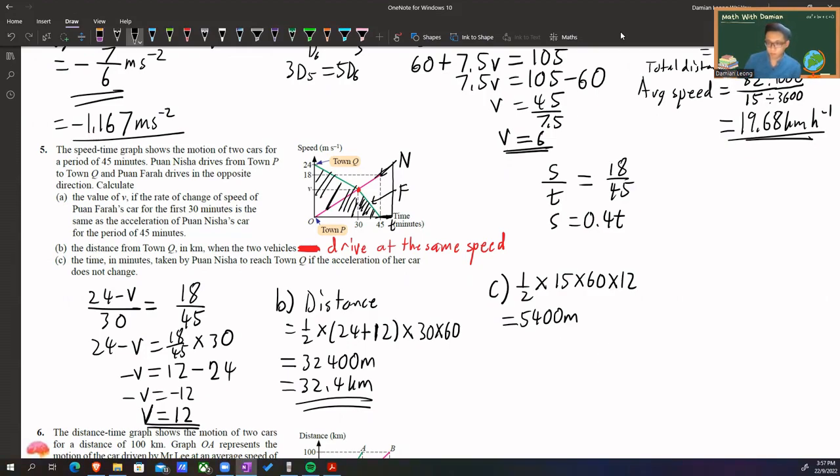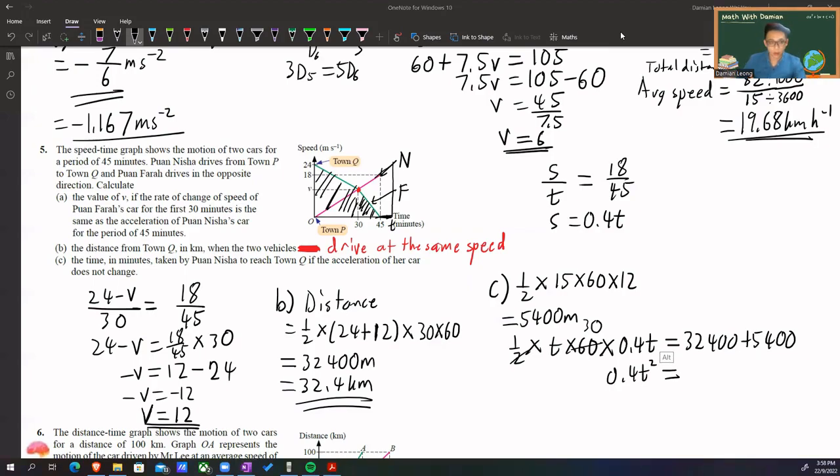This area, half times base, t, I have to times 60 because I have to change it to seconds, times height, the speed, 0.4t, equals to total distance, 32,400 plus 5,400. Cut here 30 times 30, opposite divide 30. So this is 0.4t square.